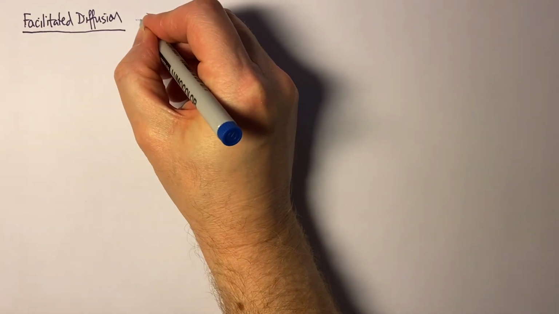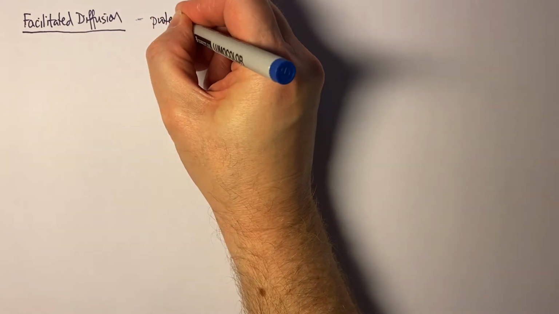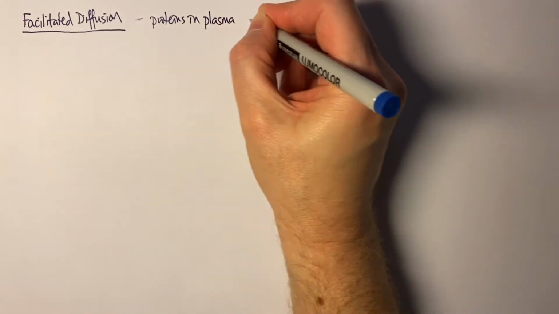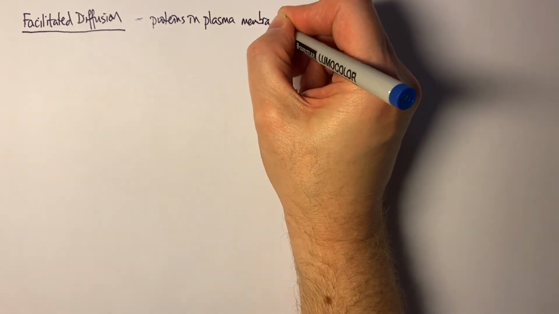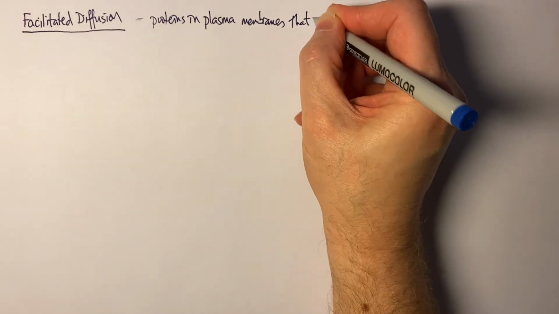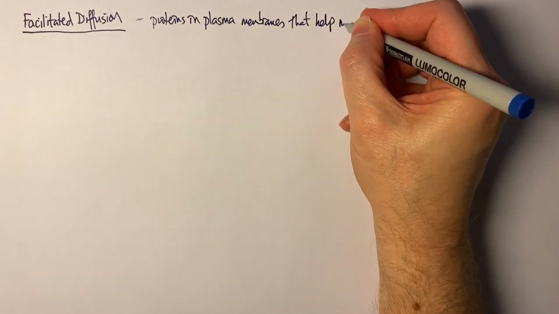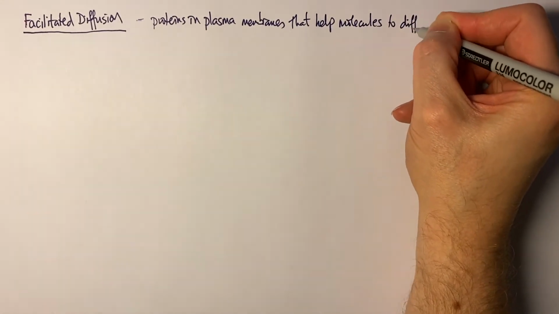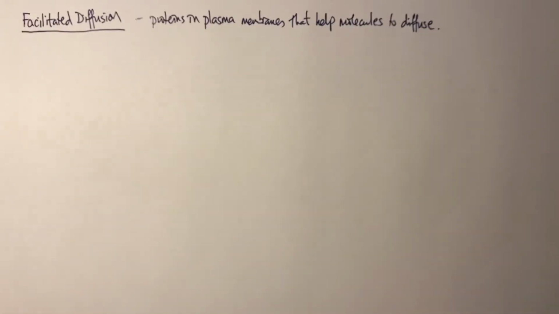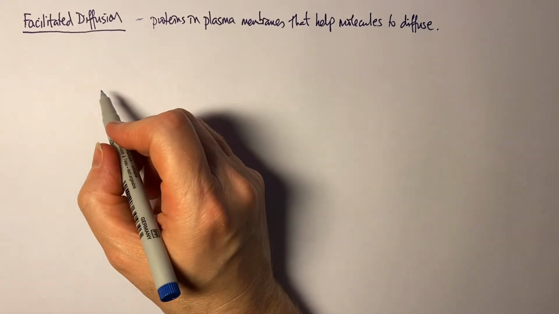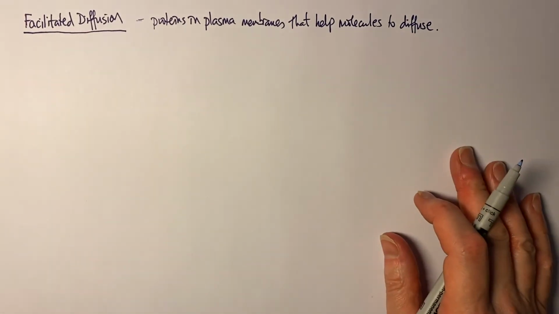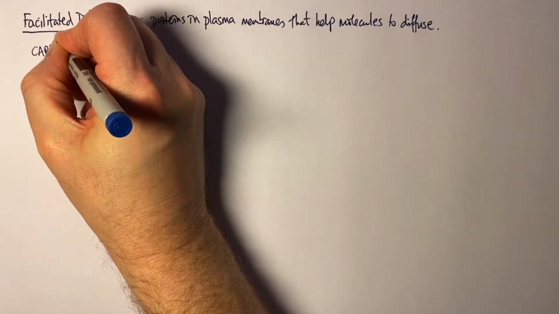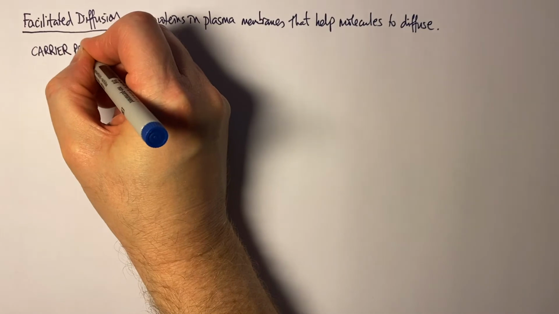So these use proteins in plasma membranes that help molecules to diffuse. And so there are a number of different types, but one type we'll talk about are carrier proteins.